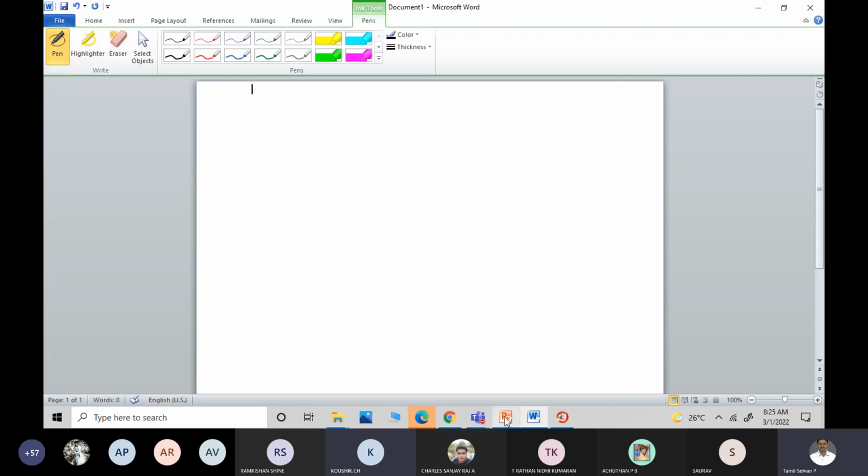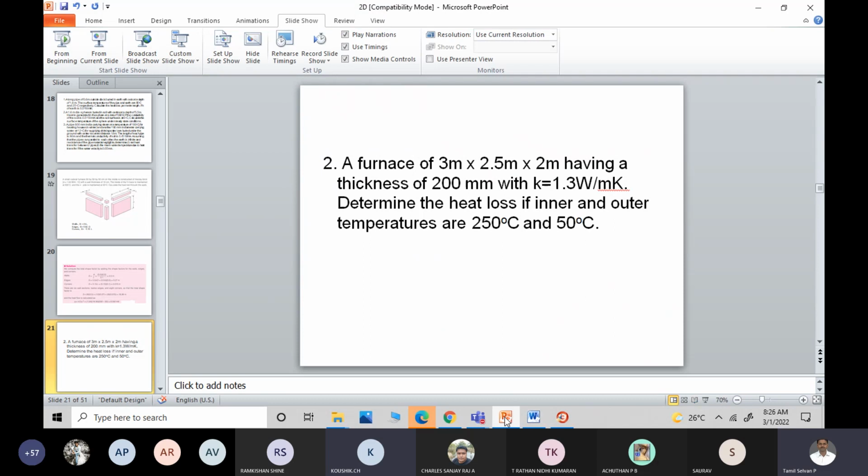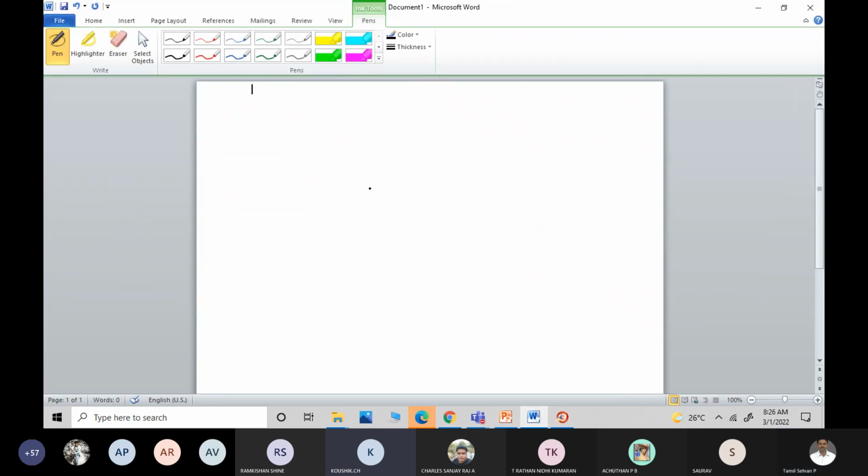But here the area is different: 3 meter, 2.5 meter, 2 meter. So 3, 2.5 and 2.